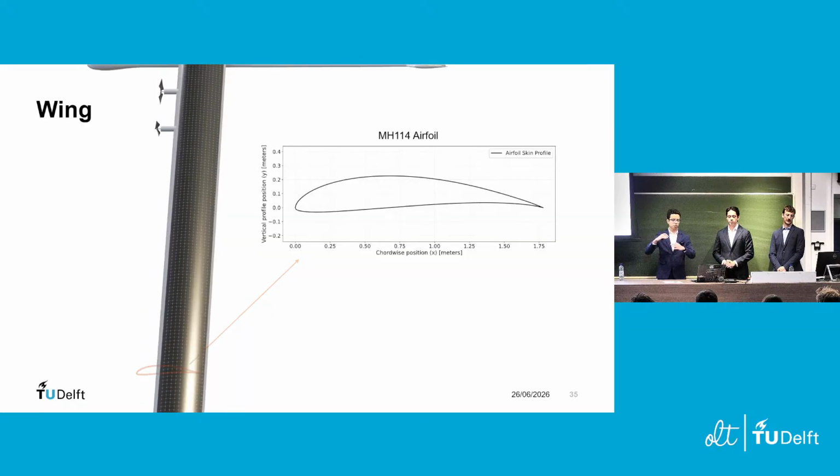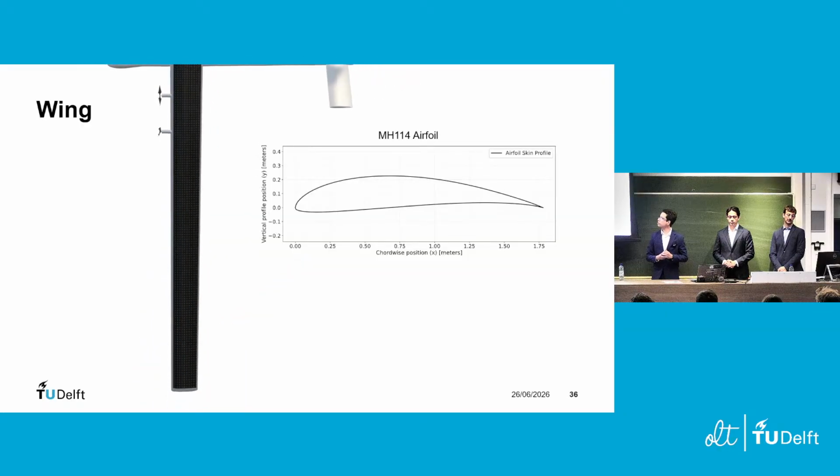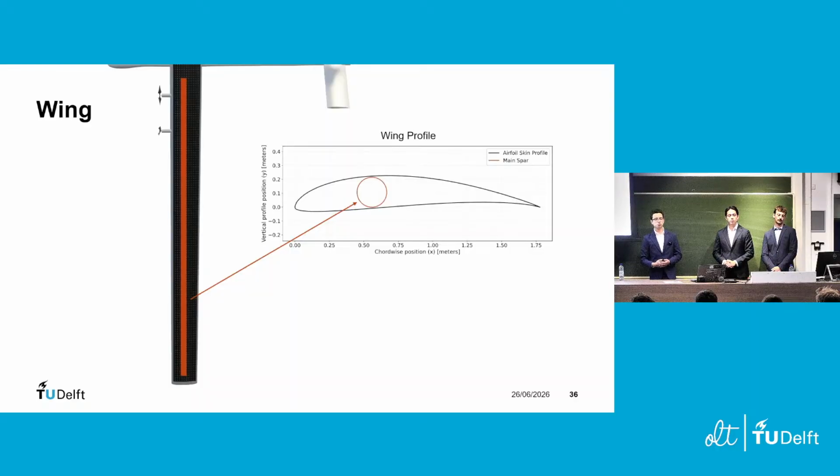Then, on the full wing configuration, it will be tapered, which means that the tip chord is slightly smaller than the root chord, as you can see there, and this is very useful because it reduces lift-induced drag. On the structural side, the wing will need to be able to support loads like torsion, bending, and shear, and for that we will use one single cylindrical spar positioned in the wing, as you can see there.